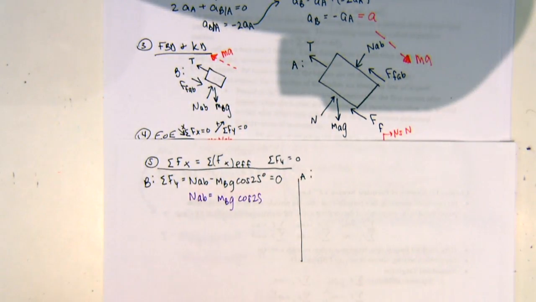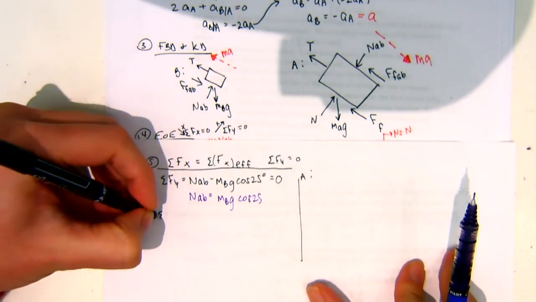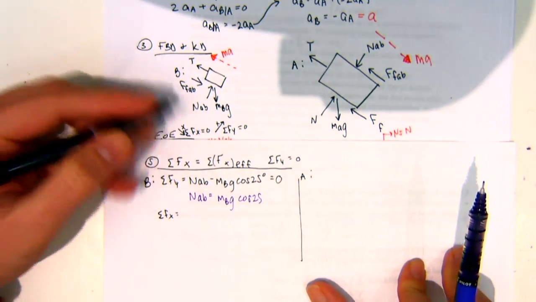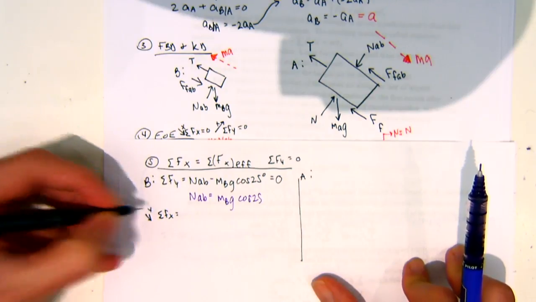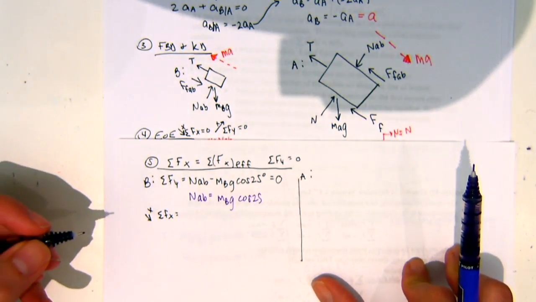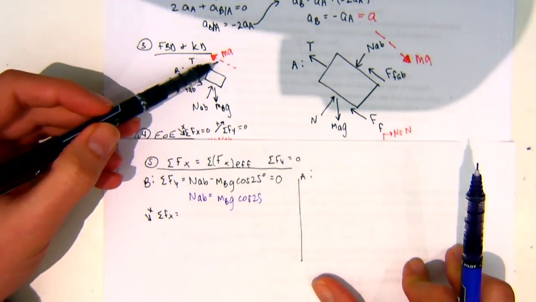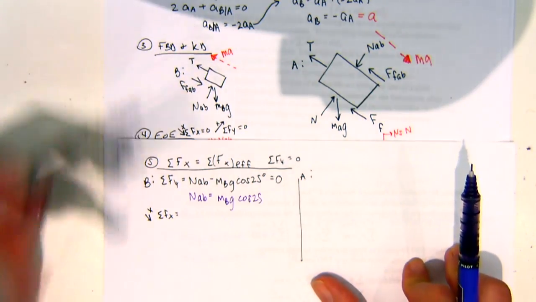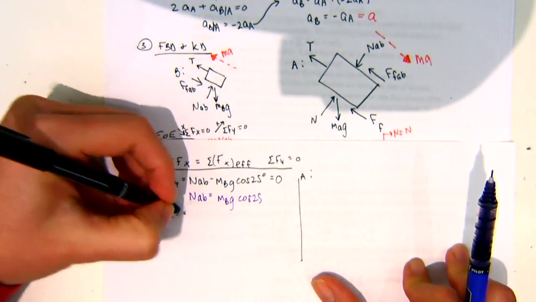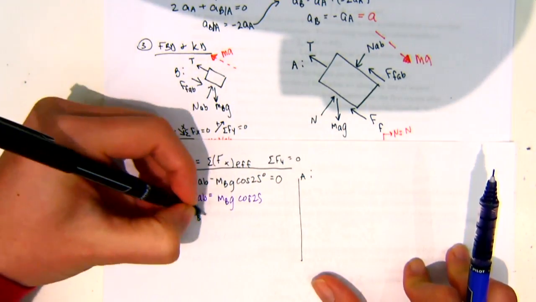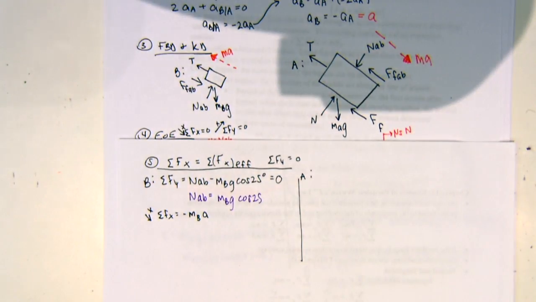So now if I do sum of forces in the x direction, in the way I have this drawn, remember I said that going down the slope was the positive direction. If I look at what I said for my kinetic diagram, I have acceleration going up. So I'm going to have to plug in negative mb times acceleration.